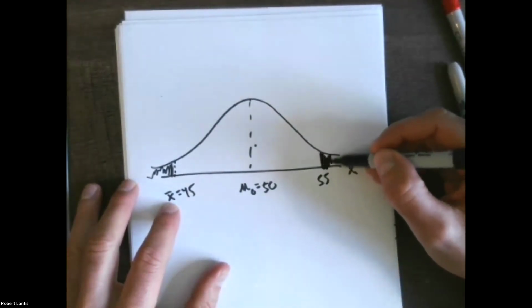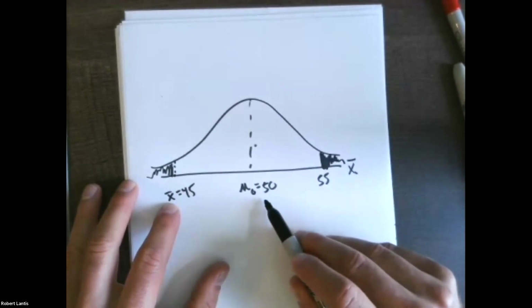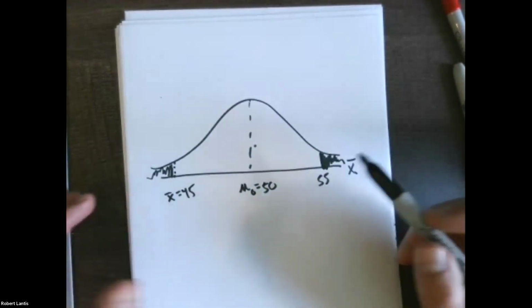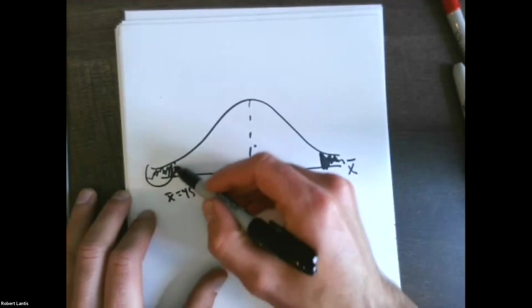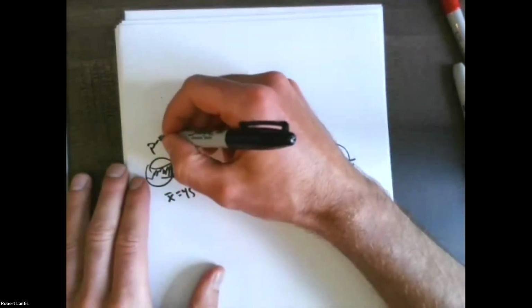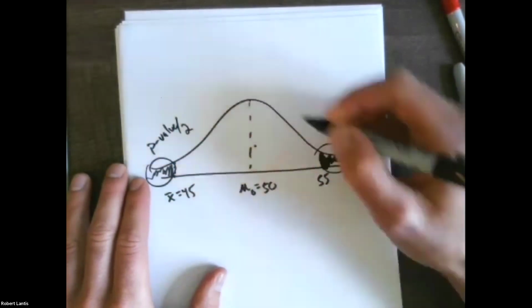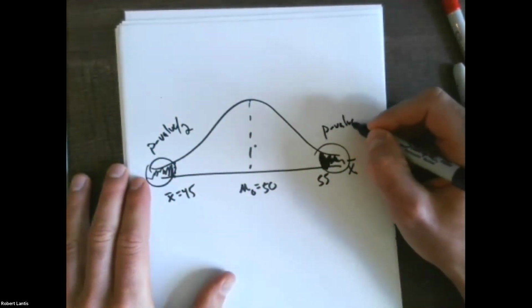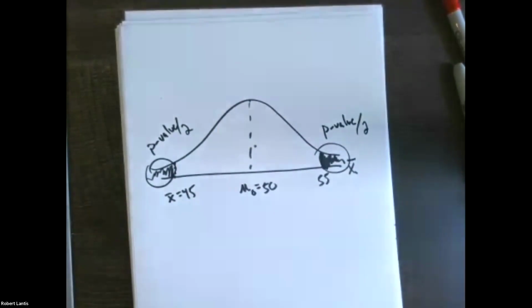And any evidence greater than that also goes against the null. So with a two-tailed test, I can find the area in one of the tails, but each of these tails only has half the p-value. I would add these two up to get my total.